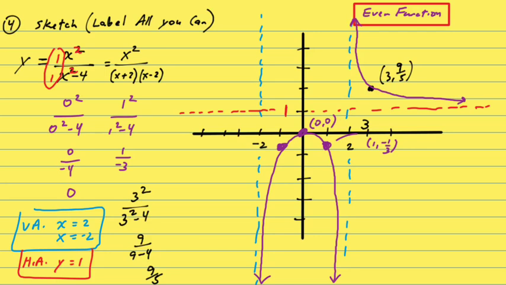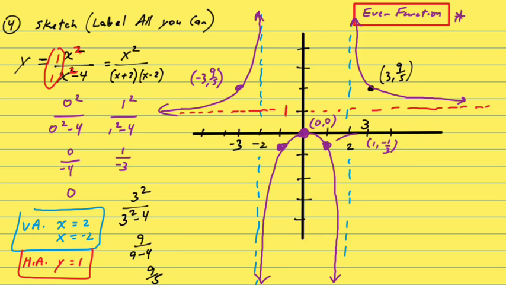What happens if you put in a negative 3? Well, you'd get the same thing. Negative 3, 9/5, which again, asymptote to asymptote. If I folded this on the y-axis, they should match up because this is an even function.